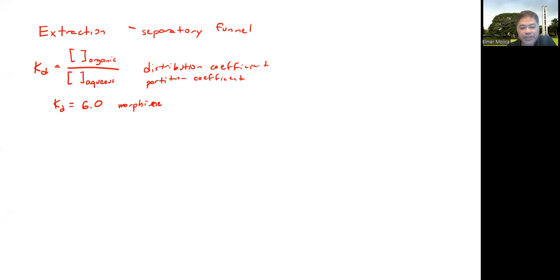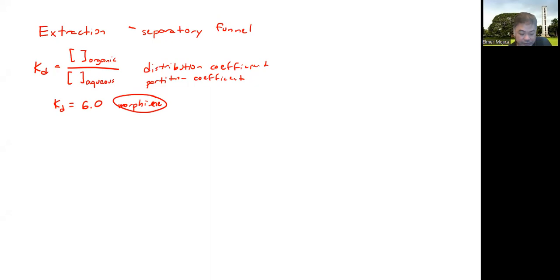So ano ibig sabihin kapag meron kang KD na 6.0? It is more soluble in the organic phase, or if you have equal volume, so most likely equal volume of the organic phase and aqueous phase, if you have morphine, so most likely you have 6 times the amount of morphine in the organic phase over the aqueous phase. So that's what the KD means.